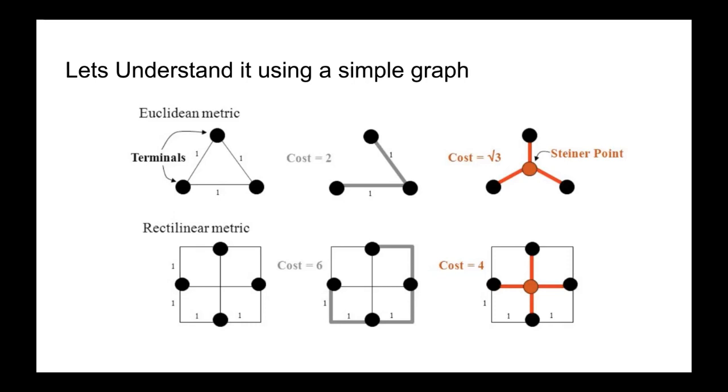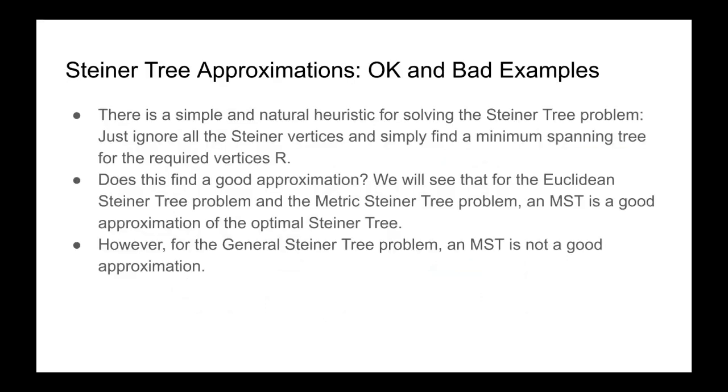And for this also the Steiner optimal solution would have a Steiner point in the middle with all the edges connecting through it, each having a weight of 1. So that would be a total cost of 4. So that's how the Steiner problem is: basically minimize the total weight of the graph, finding a minimum spanning tree and just minimizing the total weight.